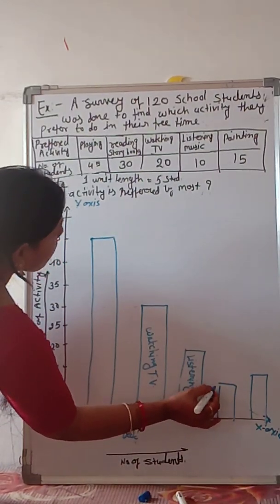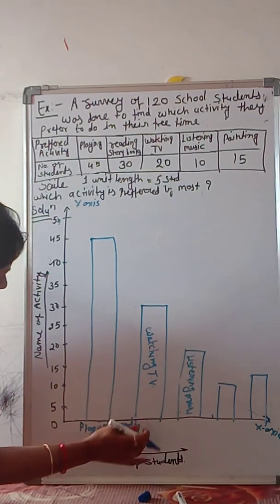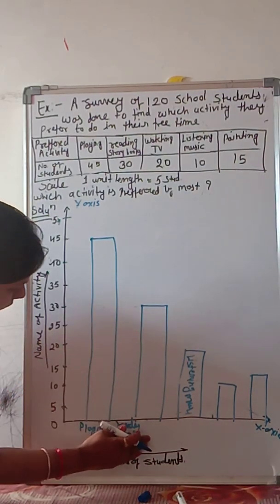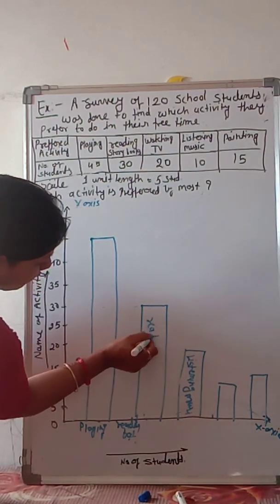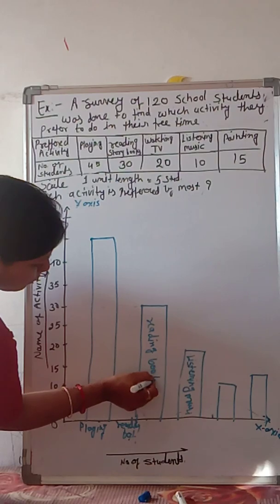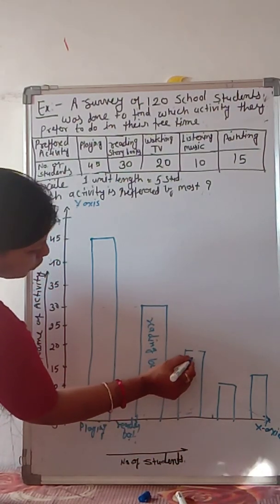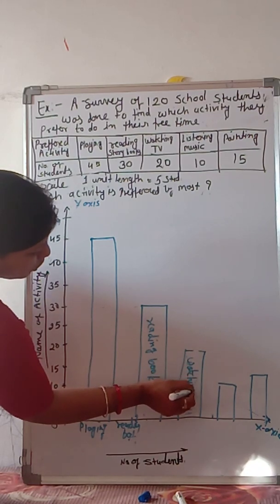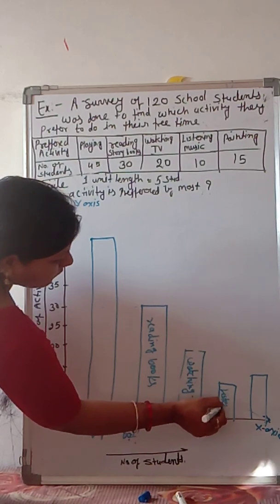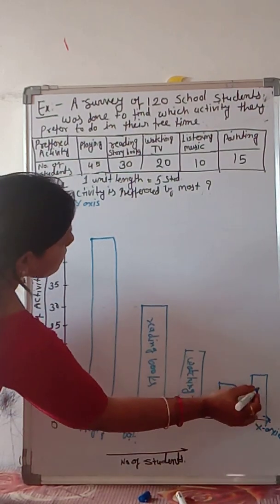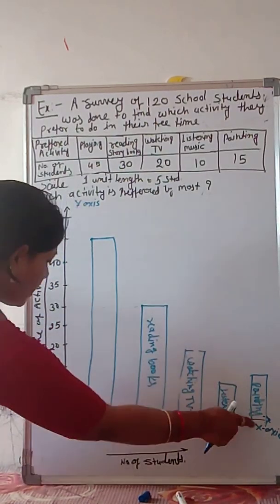This rectangular bar is playing, this is reading storybooks, this is watching TV, this is listening to music, and this is painting. This rectangular bar represents painting.